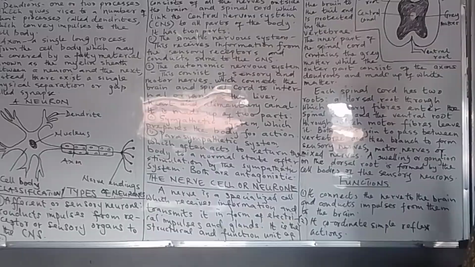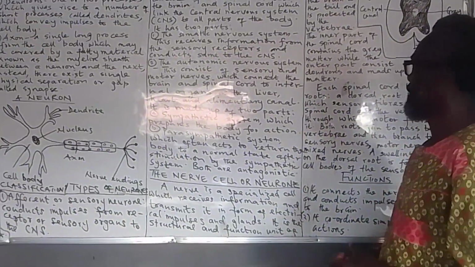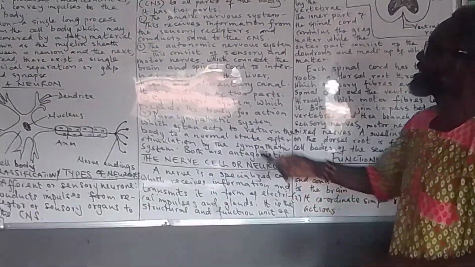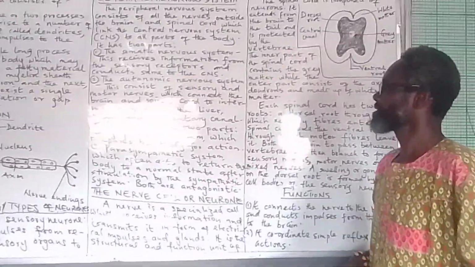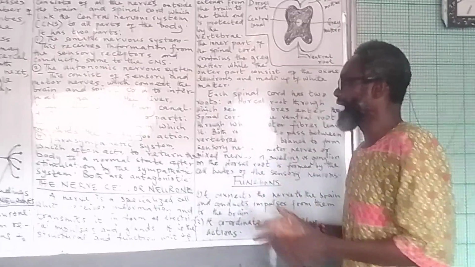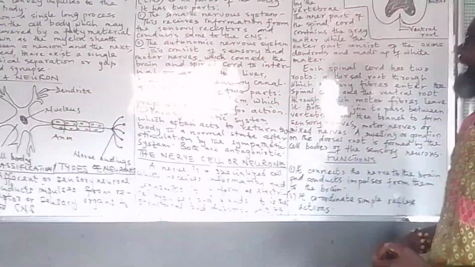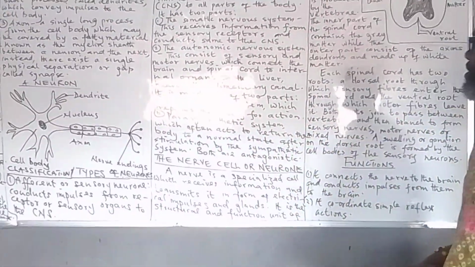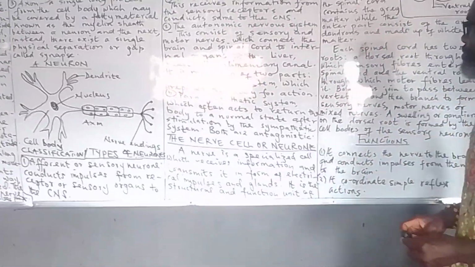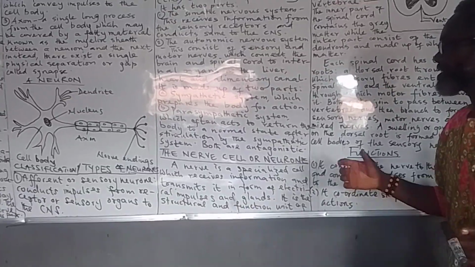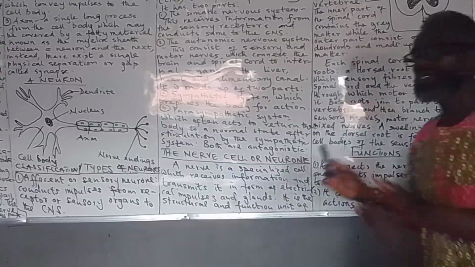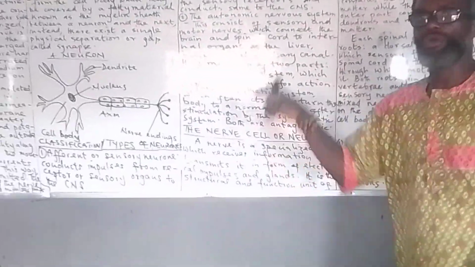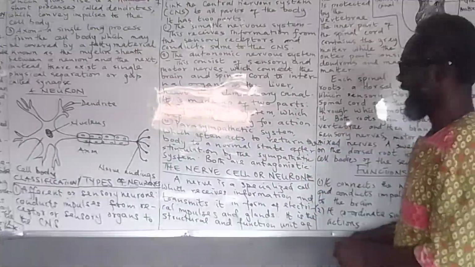Now, the autonomic nervous system is made up of two parts: the sympathetic nervous system, which prepares our body for action, and the parasympathetic nervous system, which often acts to return the body to a normal state after being stimulated by the sympathetic nervous system. So both are antagonistic. They are opposite in action.